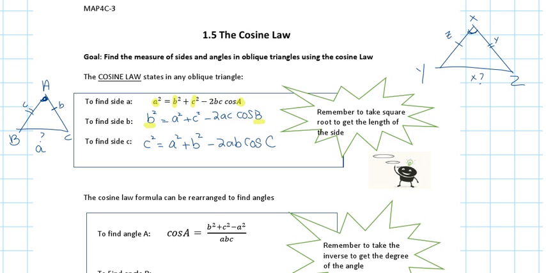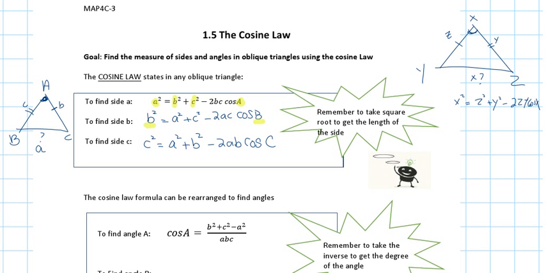Your letters are going to change. The formula is going to stay the same. So it's going to be x squared equals z squared plus y squared minus 2 z y cos x. So you see? Yes, the letters are different, but I'm still using the same formula, changing the letters.